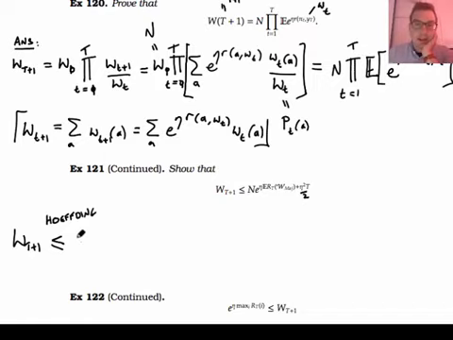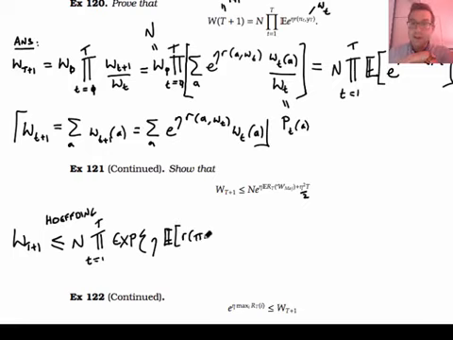So I'll write it like this. The previous n from before, then product t equals 1 to capital T, and I'll write exp. Now I've been able to move the expectation inside here: eta times the expectation of r of pi of t of omega t, plus eta squared divided by 2.